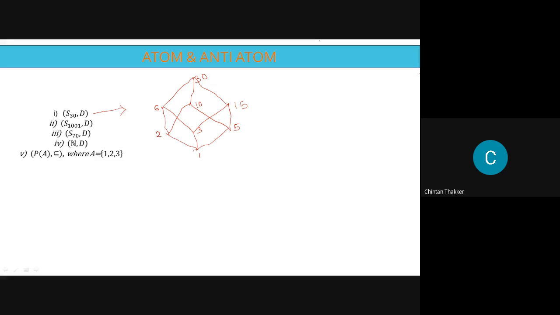So they are atoms. At 6, 10, and 15 we have only one line coming from upside. So they are meet irreducible elements and they are covered by 30, that is the I element. So they are anti-atoms.